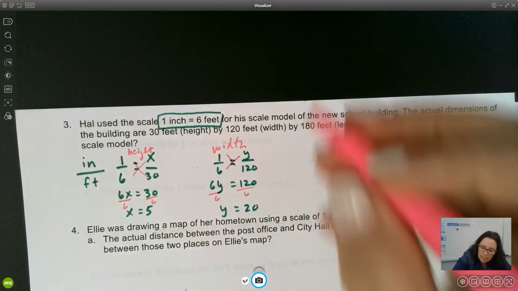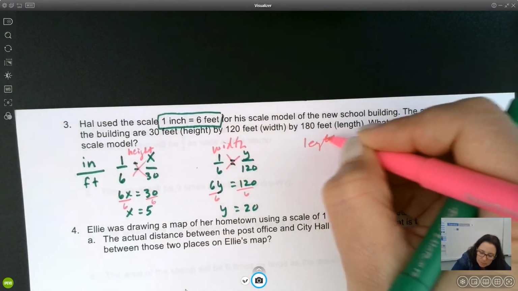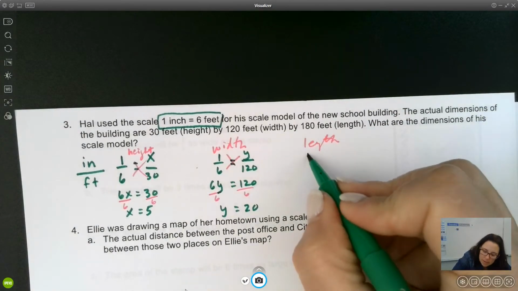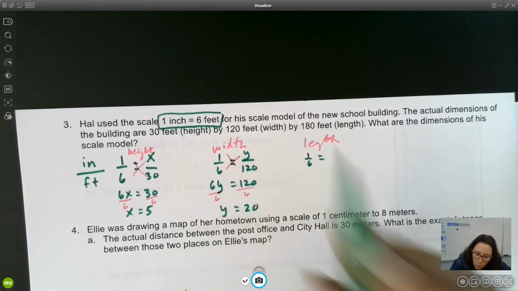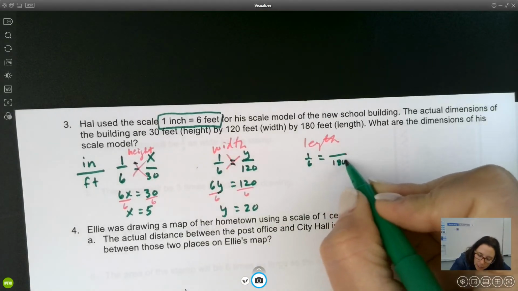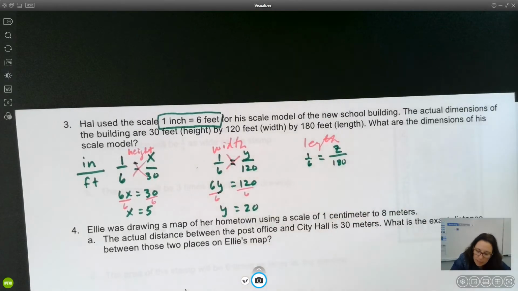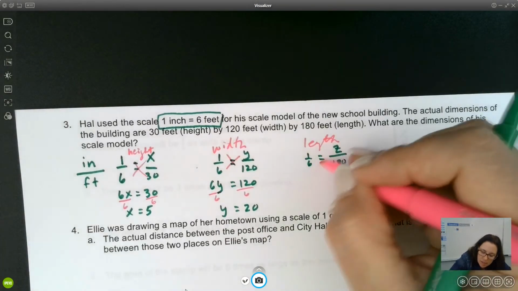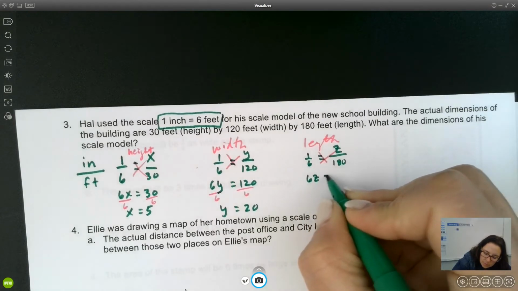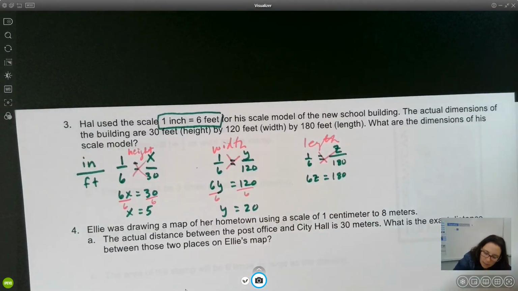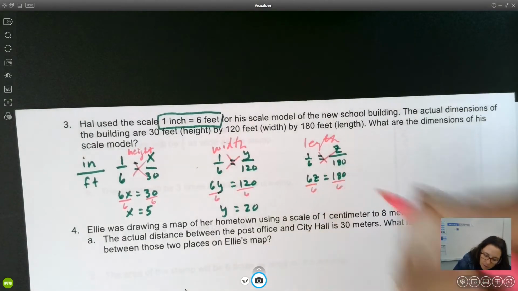Okay, let's look at the length now. I still use my 1/6. And this time for the length, I've got 180 to convert here, and I'm going to use a z. So I've got 6z equal 180. Divide by 6.